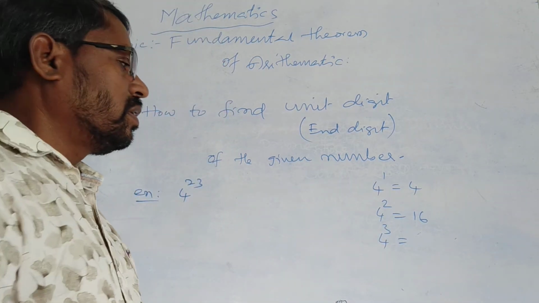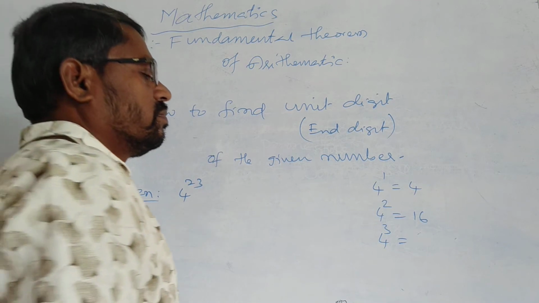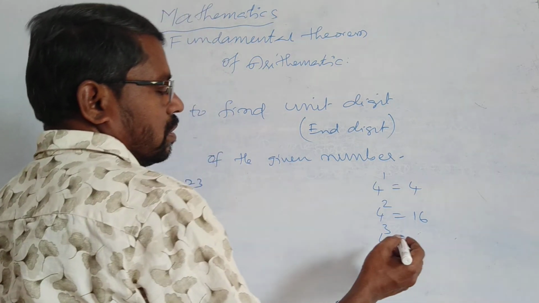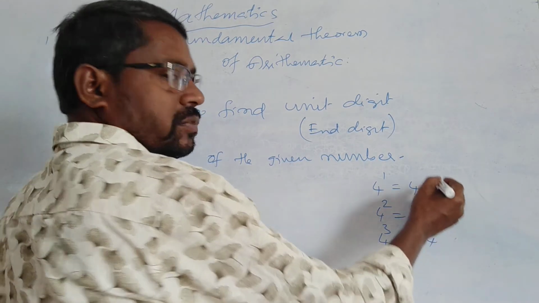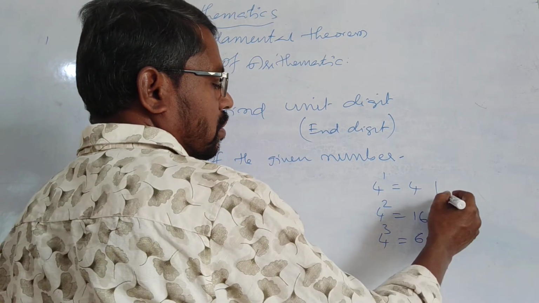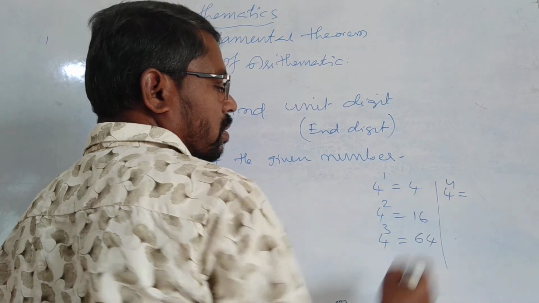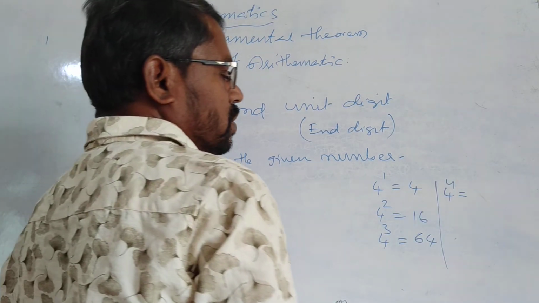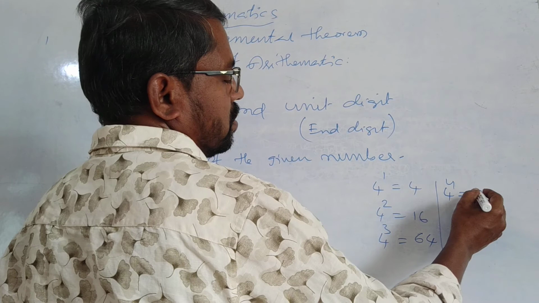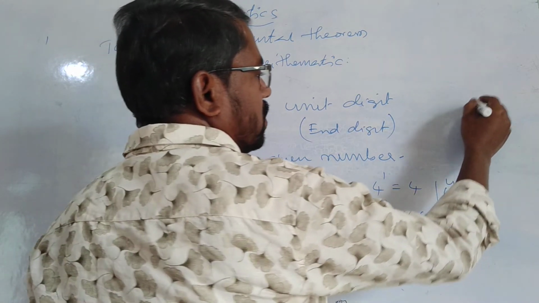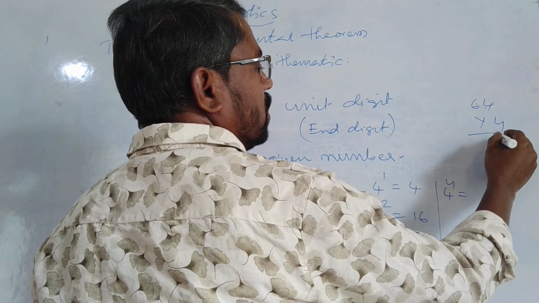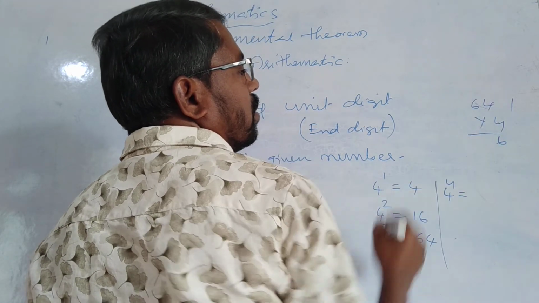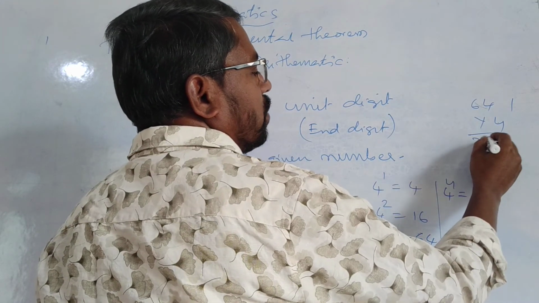Calculate. 64. Again, you can take another power, 4 power 4. 64 into 4: 4 4s are 16, 4 6s are 24, 25, so 256.